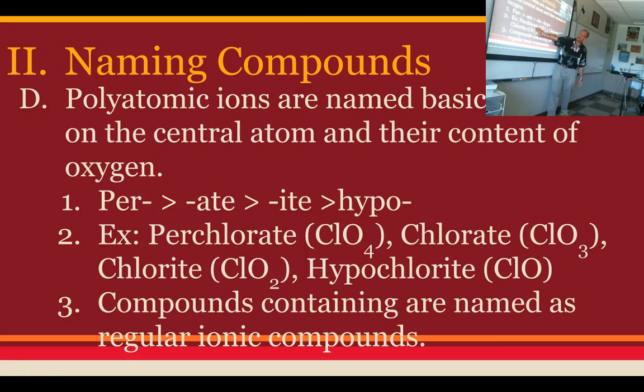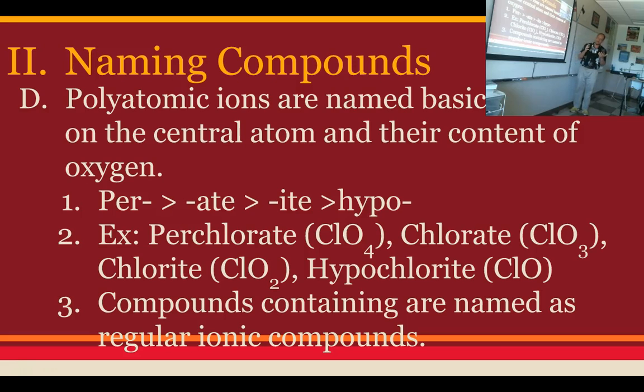So for the chlorine-based polyatomic ions, there are 4: ClO4, ClO3, ClO2, and ClO. And so to set them apart, we use ate for the 2 that have more oxygen, ClO4 and ClO3. Both end in ate because they've got more. And ClO2 and ClO both end in ite because it's the lesser 2 options.